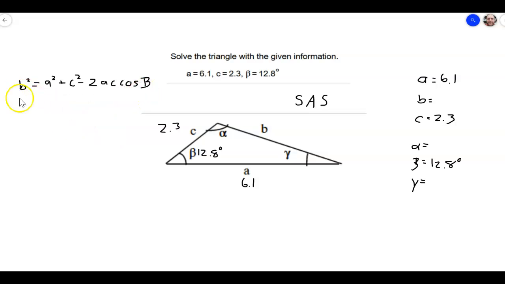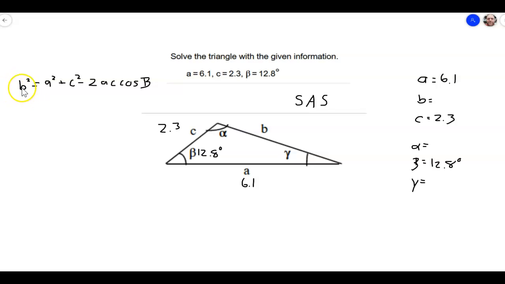All right, so now we have 3 different formulas depending on which side we don't know. If we don't know C, then we start with the C over here. If we don't know A, then we start with the A over here. So you can write it 3 different ways depending on which of the 3 sides you don't know. Since we don't know the B side, we start with the B over here.